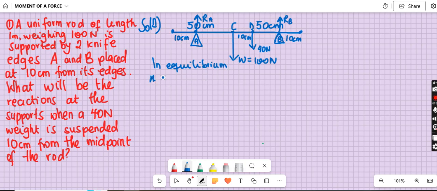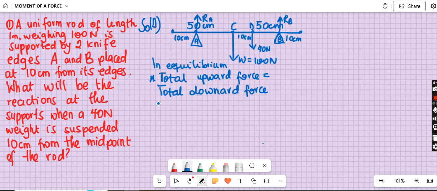The first condition is that the total upward force is equal to the total downward force. We will use this to get our first equation.